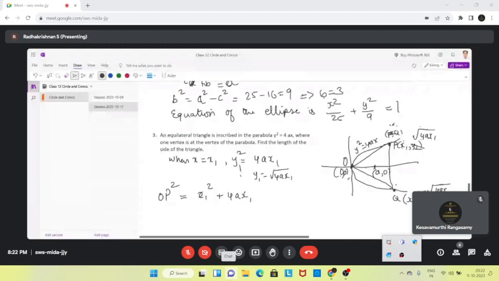Okay. And what is PQ square? Two into root of 4a x1 is the distance PQ. Square, right? 16a x1.